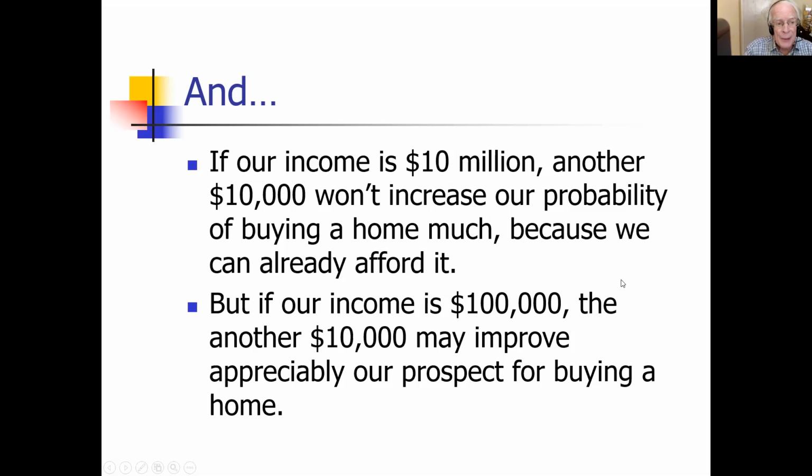Now, it may well be the case that another $10,000 may be significant at the margin, because this money may enable us to buy the home. So we could not have afforded it had the income been only $100,000 rather than $110,000.